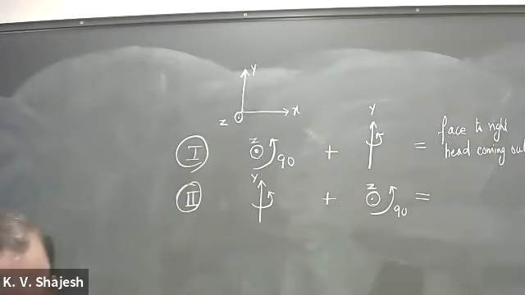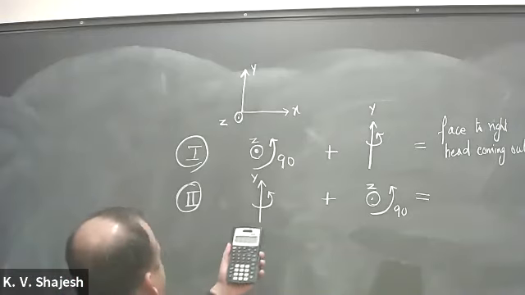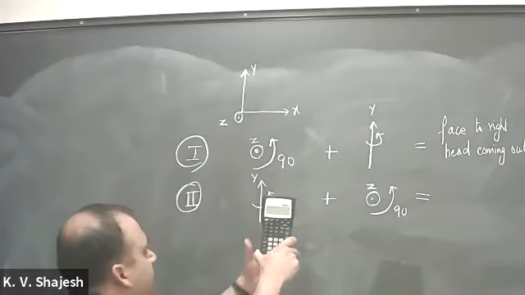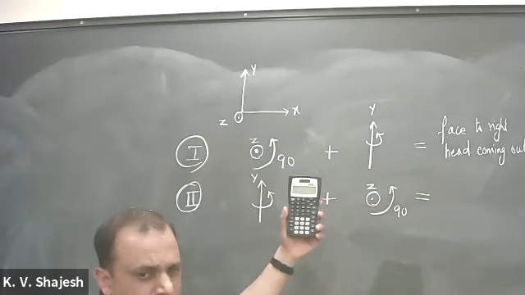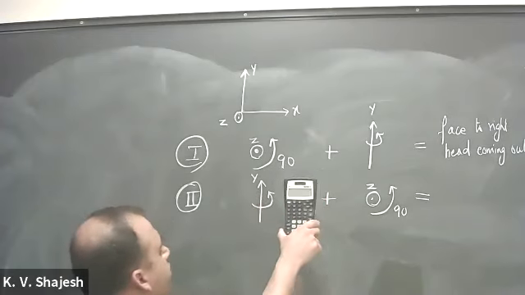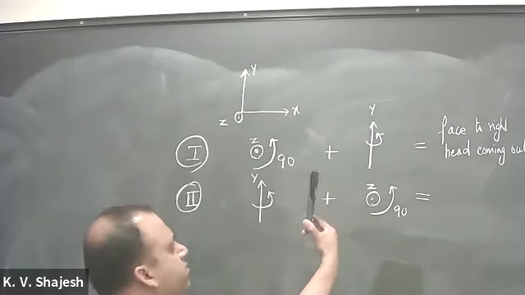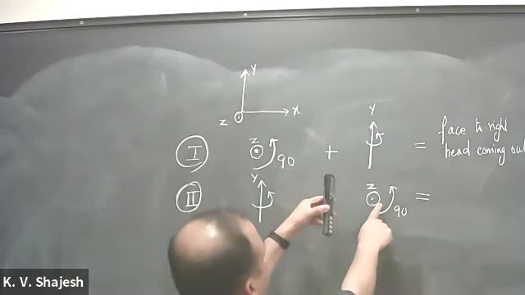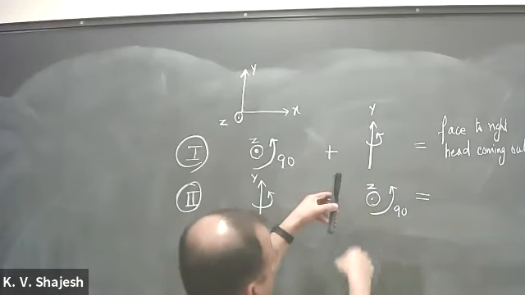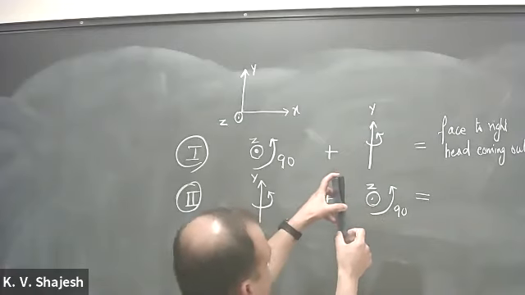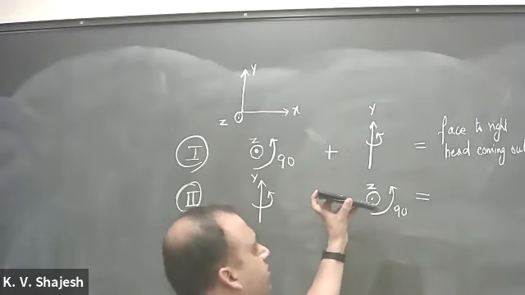And let's see if we can reproduce that again. So this is again the calculator, and this time we want to rotate 90 degrees about the y-axis. So that's 90 degrees about the y-axis. And then we have to rotate about the z-axis by 90 degrees. That's here.